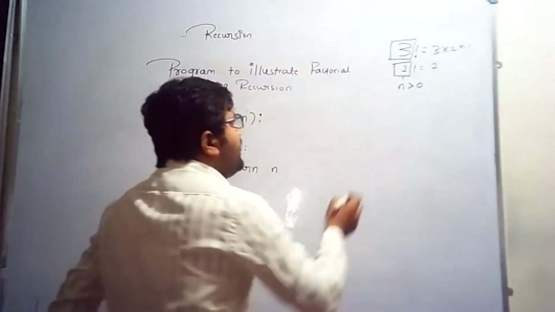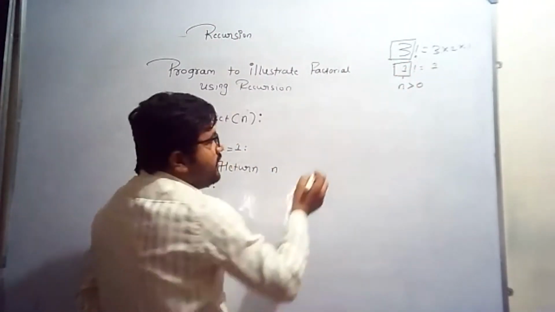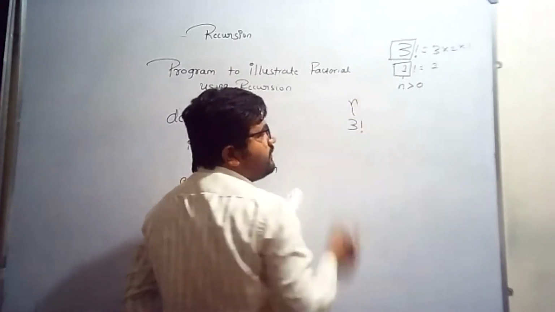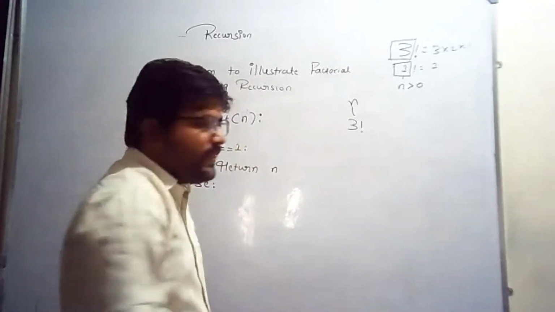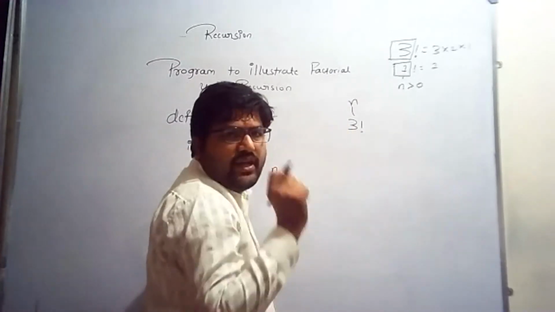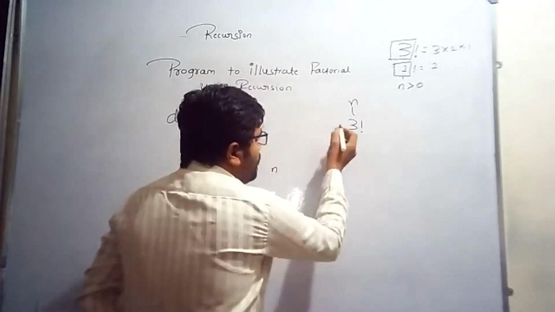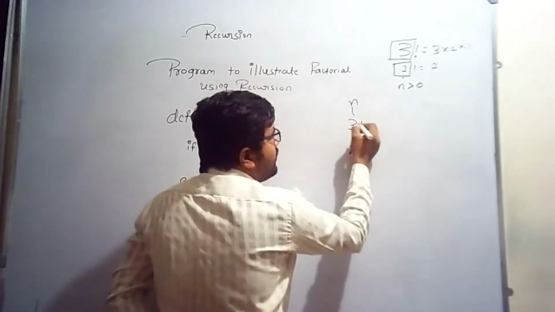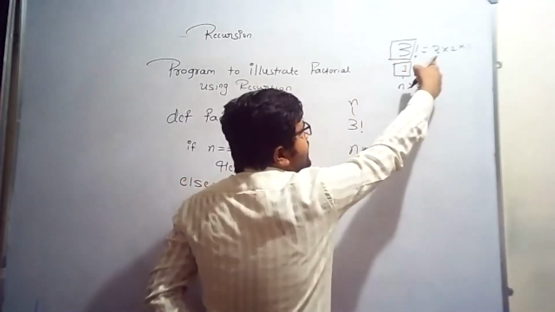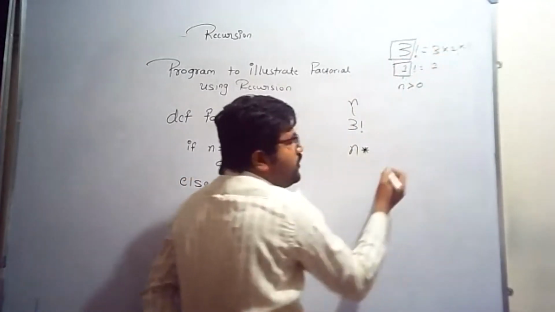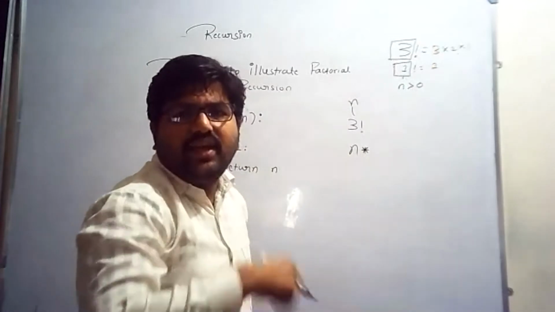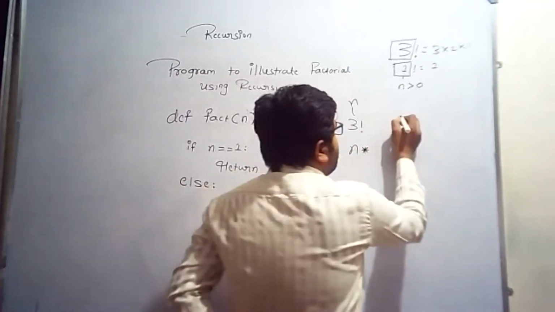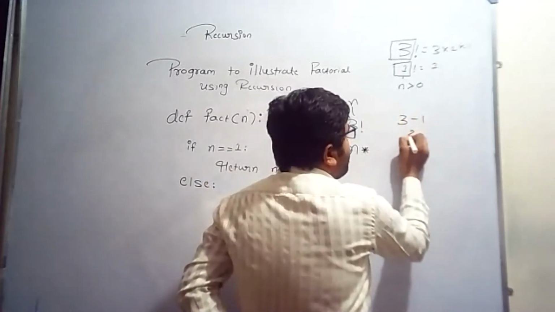Look at the logic here. If it is 3 factorial, I am taking it as n. So n into 3 factorial, then I am taking 2, which is 3 minus 1, so I get the result as 2.